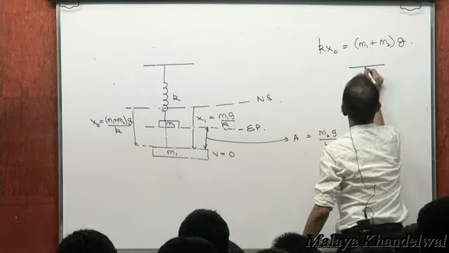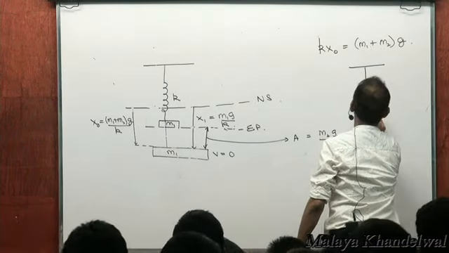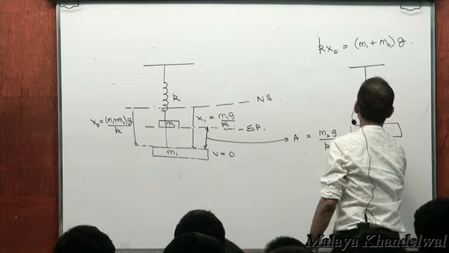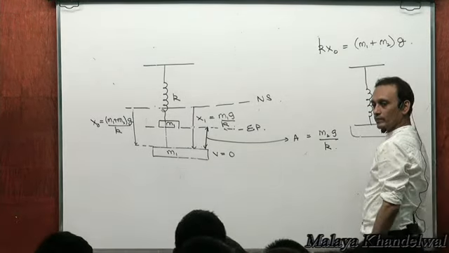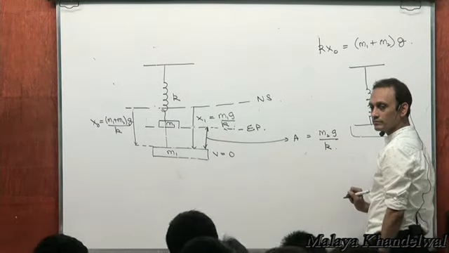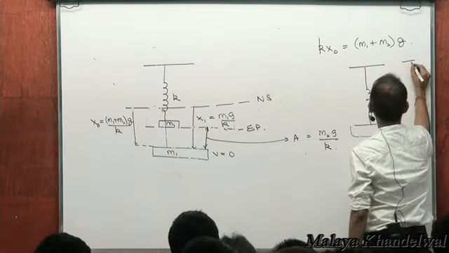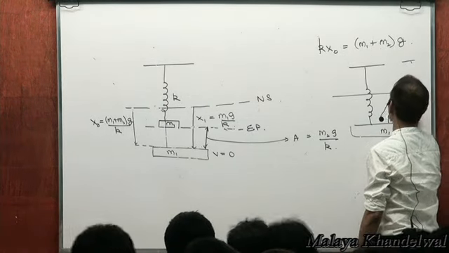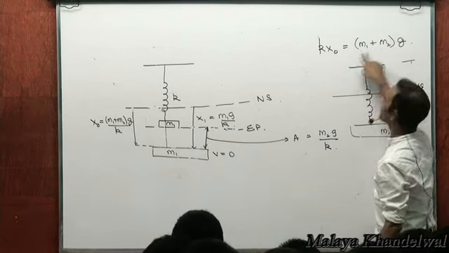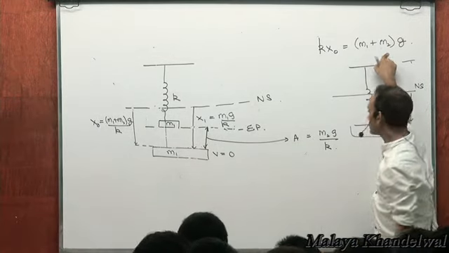Look, Diptesh, there was the spring and a total mass m1 and m2, and it was in equilibrium. That means the spring must have elongated by an amount x naught such that k x naught is the weight, right?